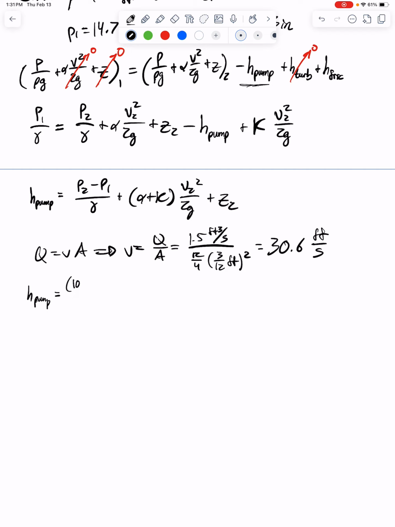Okay. 10 psi, pound inch squared, minus atmospheric pressure, 14.7 pound force inch squared. We're going to convert from inch squared to feet squared. 144 inch squared over feet squared. Divide by specific weight, 62.4 pound force per cubic feet, plus combination of kinetic energy correction factor and factor of head loss based on factor of velocity head.